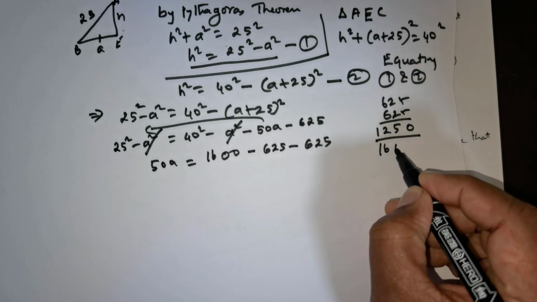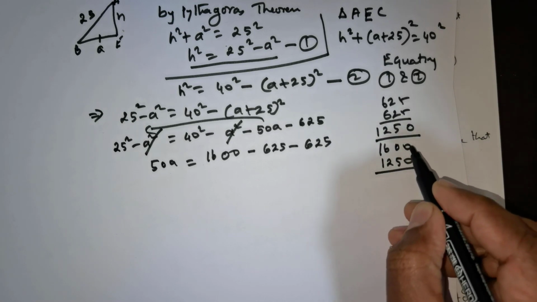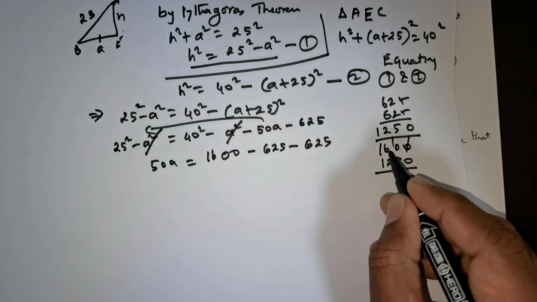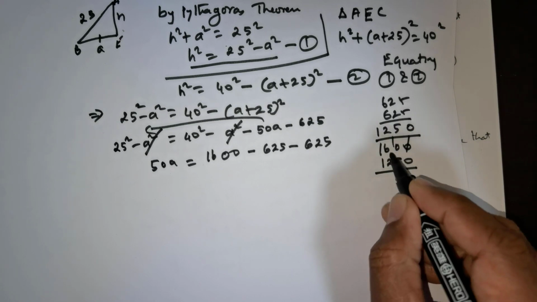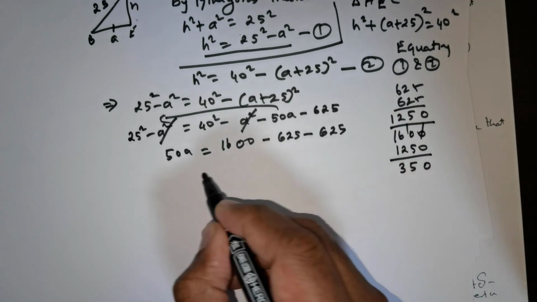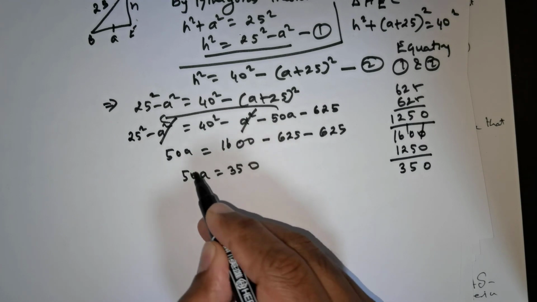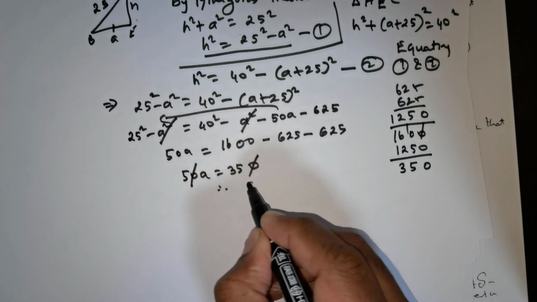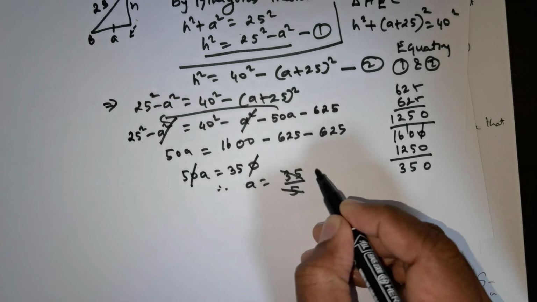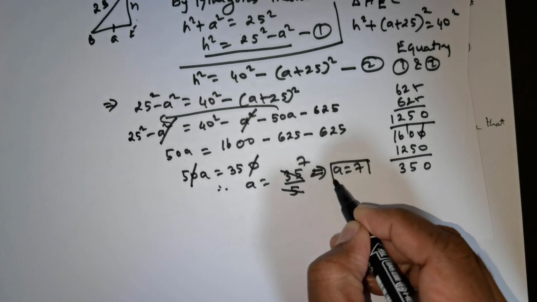So 1600 minus 1250, 0, 0, you get a 10 there, from 5 you take away 2, you get 3. So you get 50A is equal to 350. 0, 0 gets cancelled, therefore A is equal to 35 divided by 5. 5 divides 35 7 times. This would mean A is equal to 7.